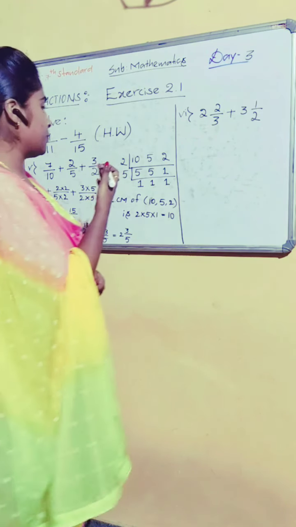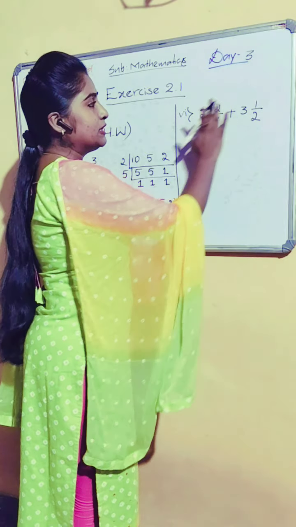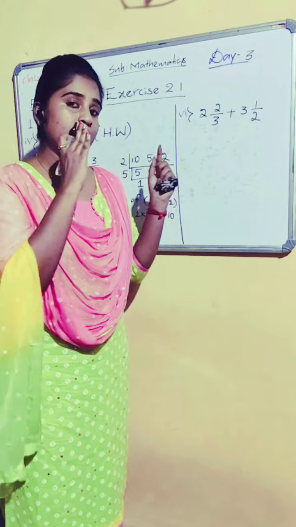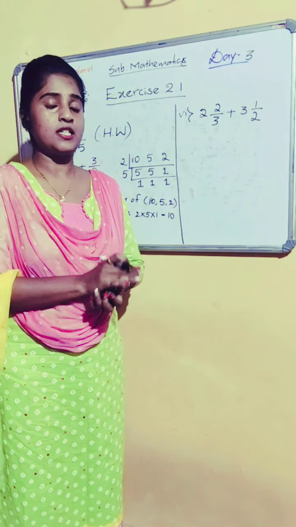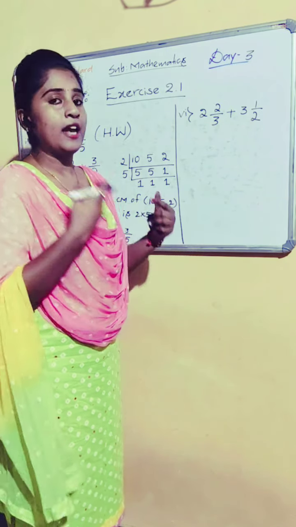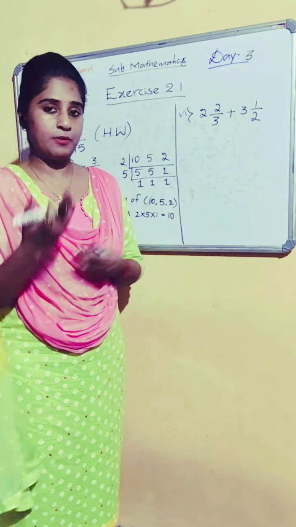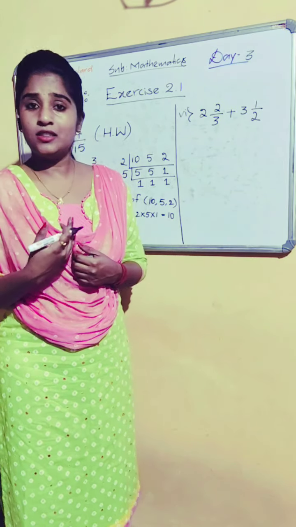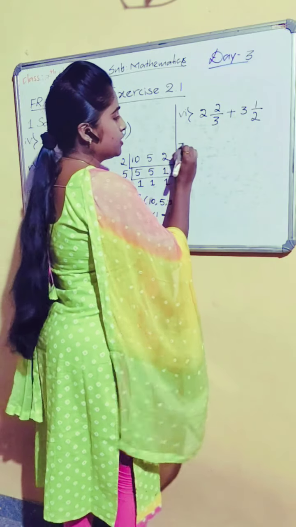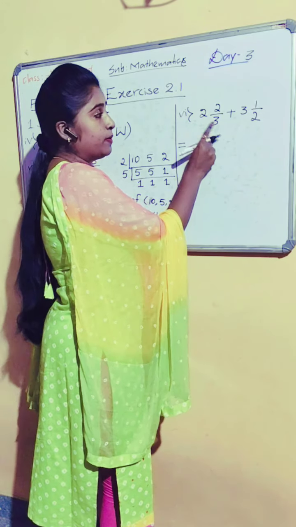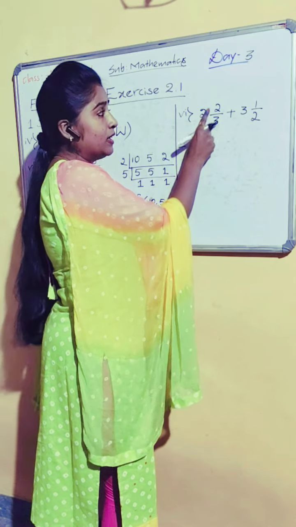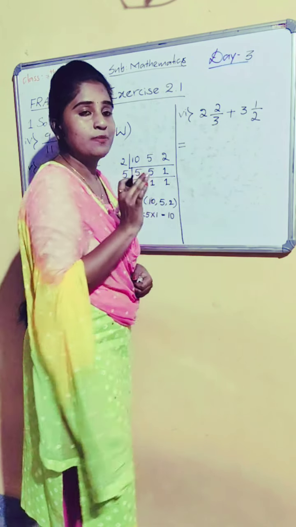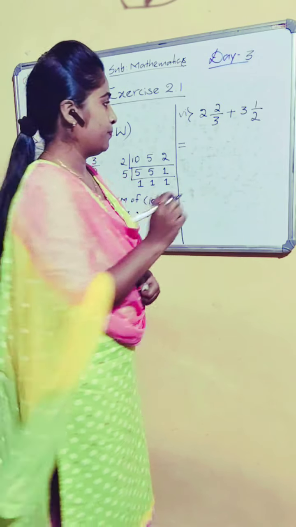Now come to the next problem. If you observe, they have given mixed fractions, isn't it? The first thing is we have to convert them into normal fractions. If we convert a mixed fraction into a normal fraction, it will become an improper fraction, where the numerator will be greater than the denominator, isn't it? The denominator should be multiplied with the whole number and that product will be added to the numerator. I have already explained in the previous class.